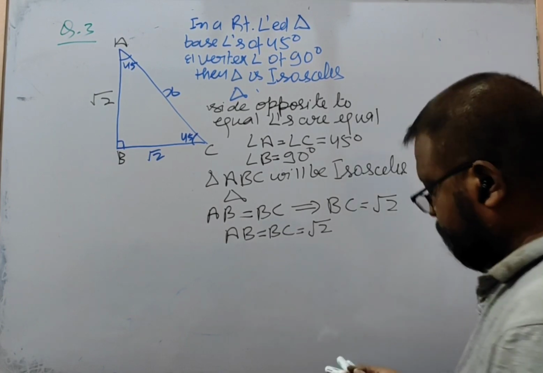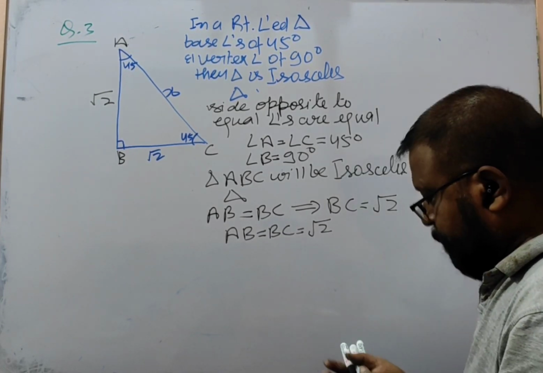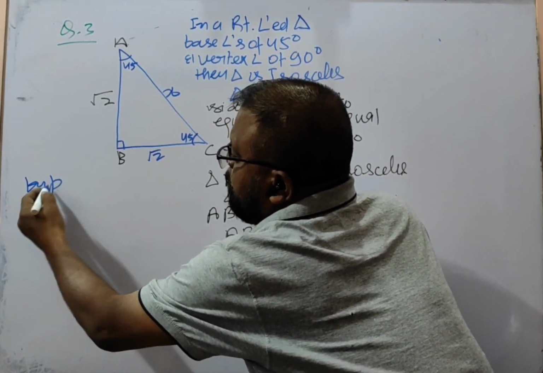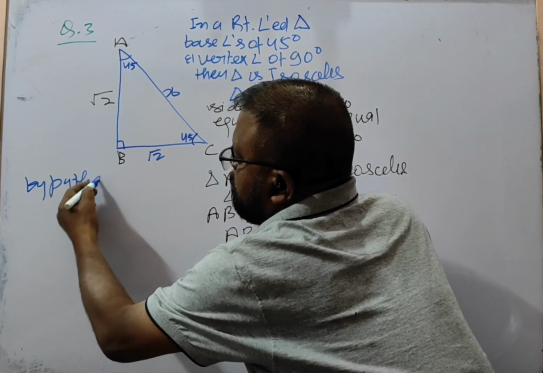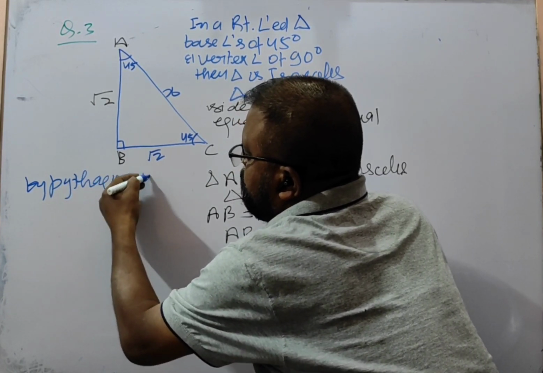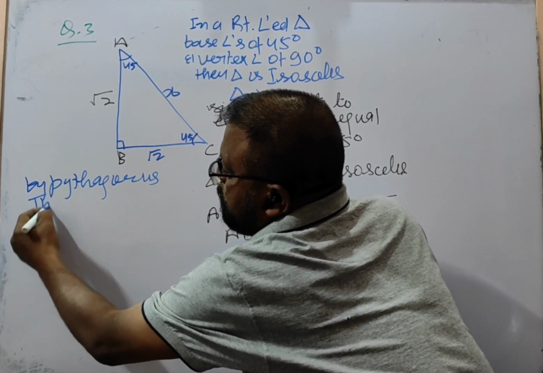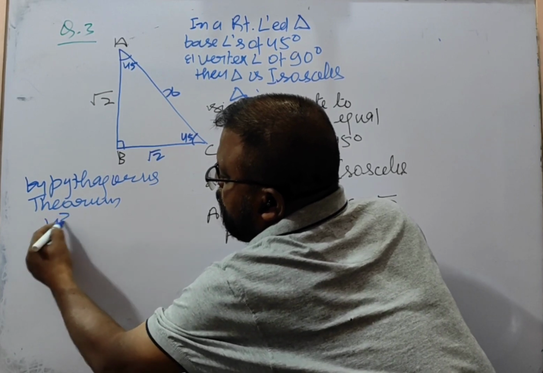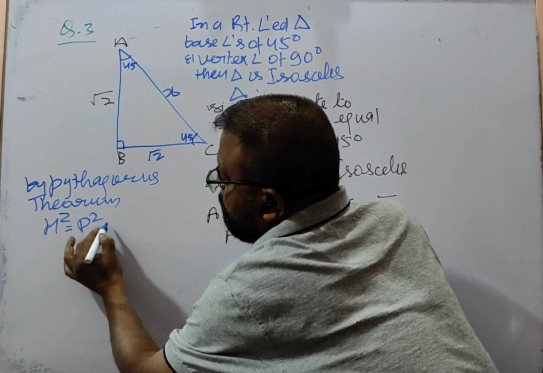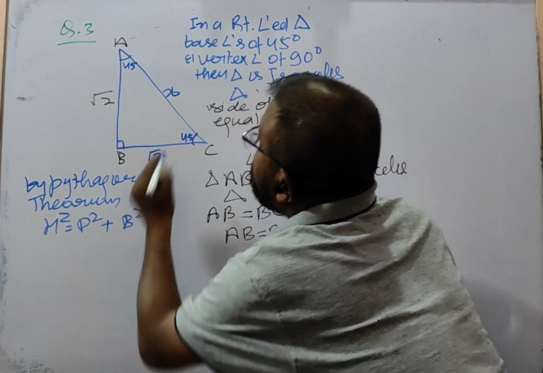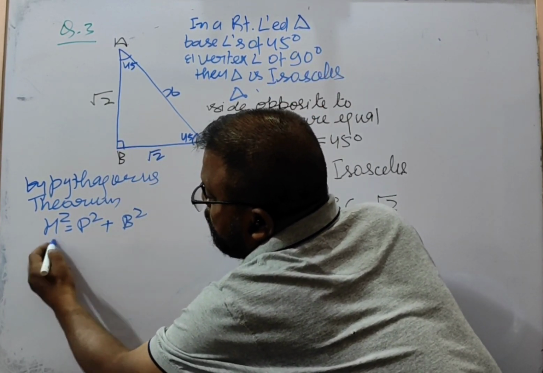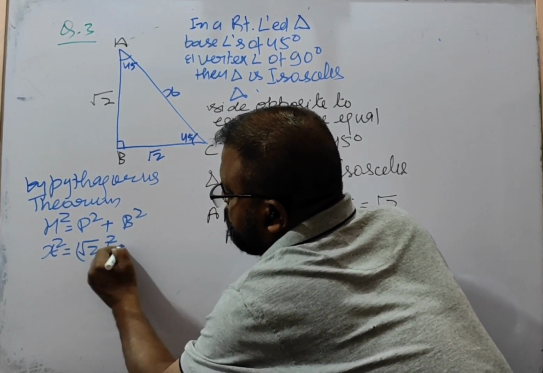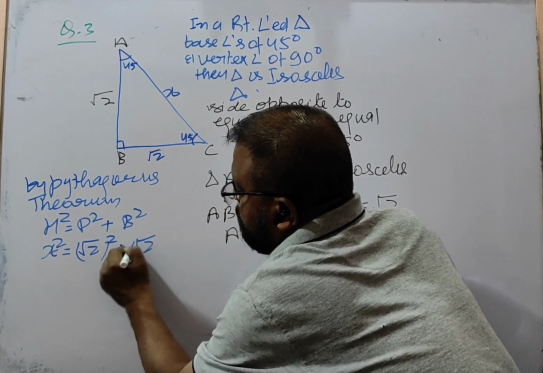So now by Pythagoras theorem, hypotenuse square is equal to perpendicular square plus base square. So hypotenuse is x, x square is equal to root 2 square plus root 2 square, right?